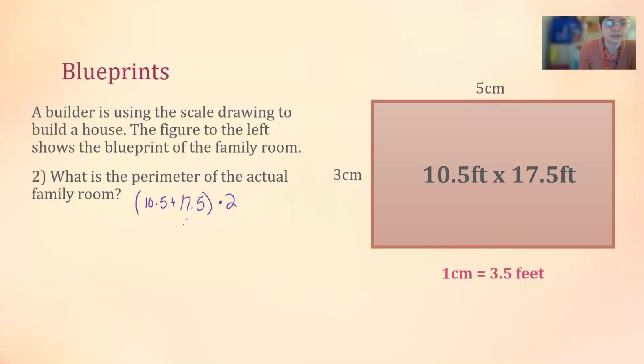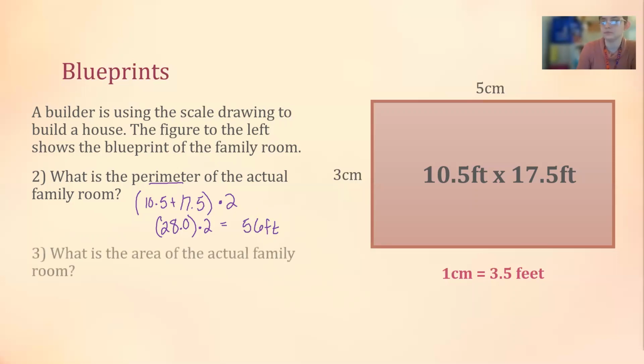So 5 plus 5 is 0, carrying my 1. 1 plus 0 is 1. 1 plus 7 is 8. And then 1 plus 1 is 2. So I get 28 times 2. 2 times 8 is 16, carrying my 1. 2 times 2 is 4, plus 1 more is 5. So I get that my perimeter is 56 feet. Now, remember, perimeter is one dimension, so we just leave our units as feet.